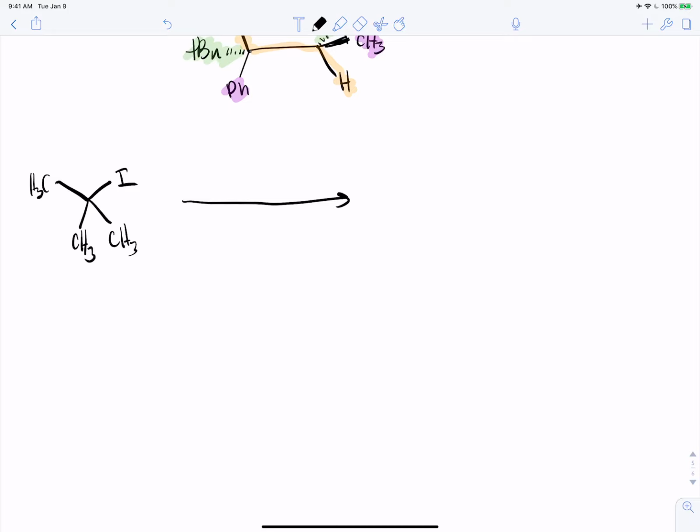So here we've got a tertiary substrate, which we know is generally going to favor SN1, but we still have to look at our reagent. What is our reagent? It is both a weak nucleophile and a weak base.